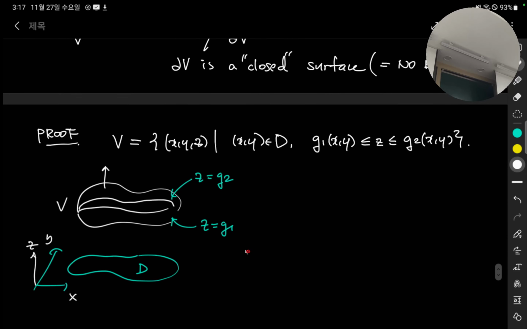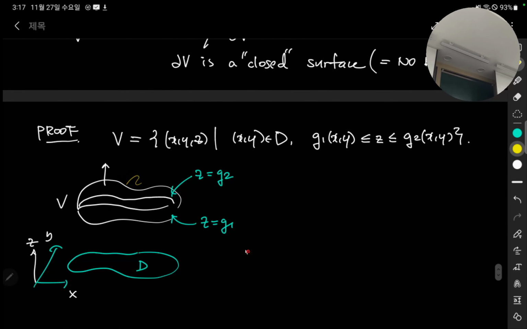The outward direction is this direction and this direction. The direction is actually opposite when you look at the upper side and the lower side, but they are the same orientation, because if you continuously move the outward direction from the upper side of the volume to the lower side, it matches the downward direction of the orientation of the lower part.